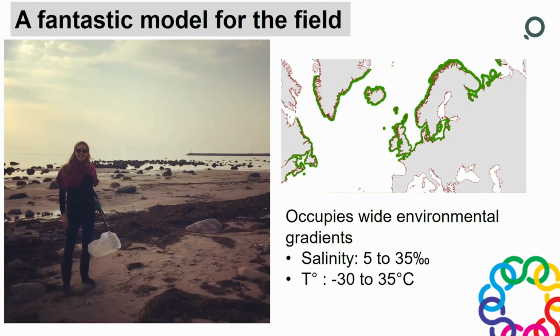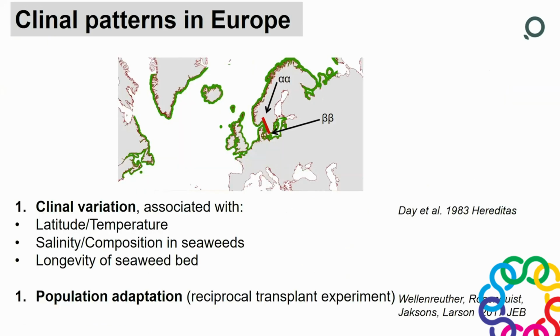So this is a great model to really understand the impacts of carrying this inversion on the eco-evolutionary dynamics in the system. What is maintaining it? What's going on? And so we looked at the literature. We saw that this fly was occupying clinal gradients in Europe that was established by Butlin, but also by lots of other people.